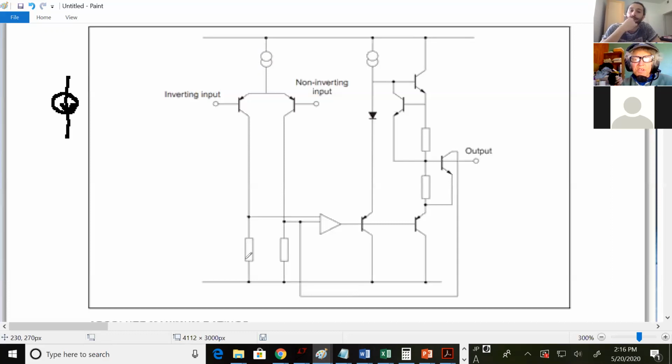What are these squares? Are they just resistors? They're just resistors. So the squares are resistors. Okay. What's this diode right here? What's it probably?